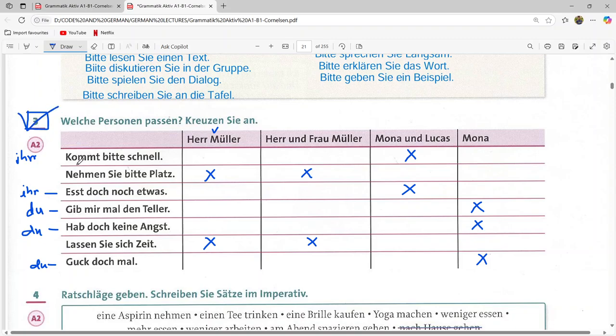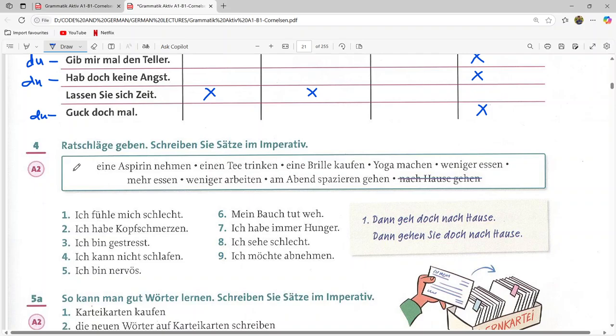Okay, so next task 4, Ratschläge geben. Okay, and schreiben Sie Sätze im Imperativ. So like it is like a puzzle.